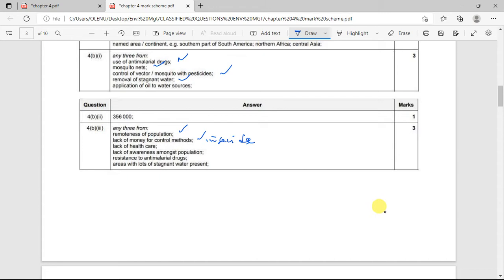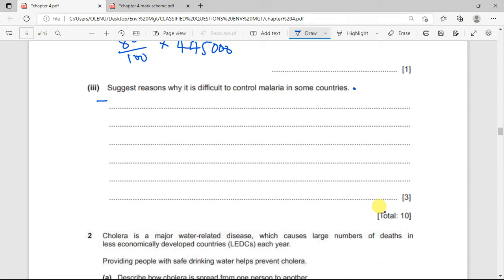Then lack of proper health care within the region, lack of awareness among the population, and resistance to malaria drugs. And if you have lots of stagnant water, all that will make it difficult for a country to control malaria.